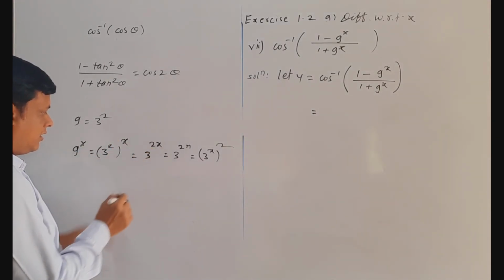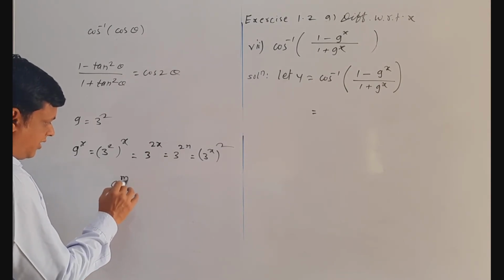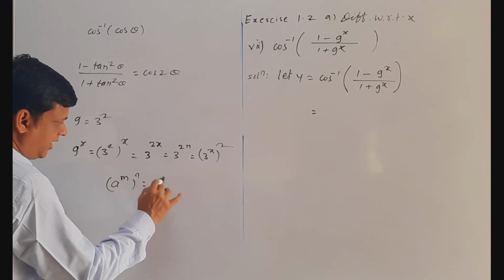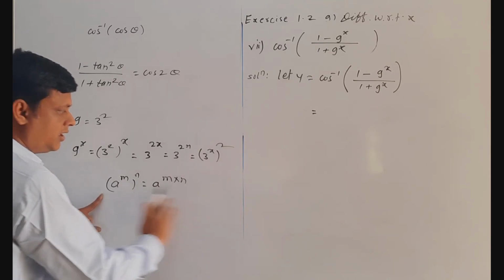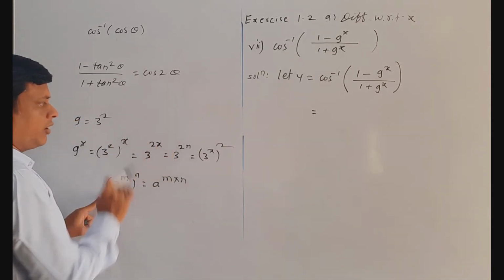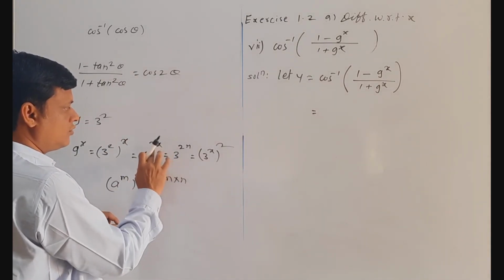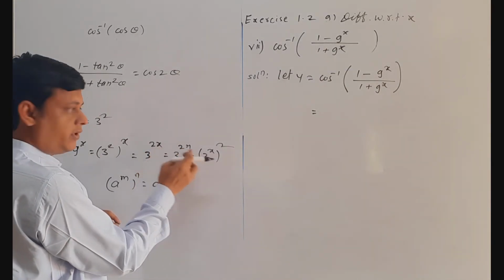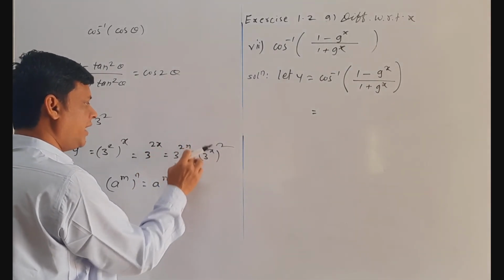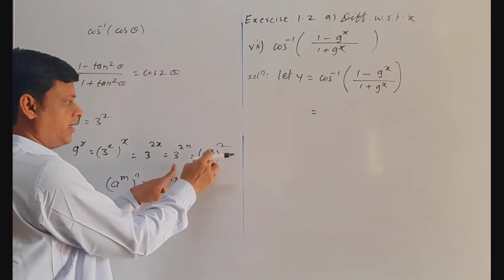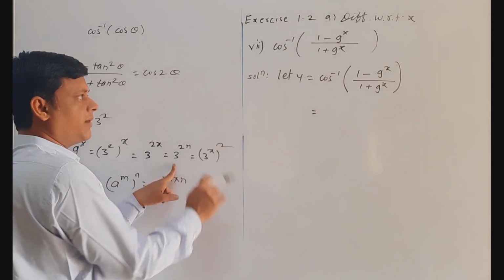We write (a raised to the power m) bracket raised to the power n as a raised to the power mn. Using this formula we write the power in product form, 2 into x. We can write x into 2 or 2 into x. So we write this as (3 raised to the power x) bracket square.